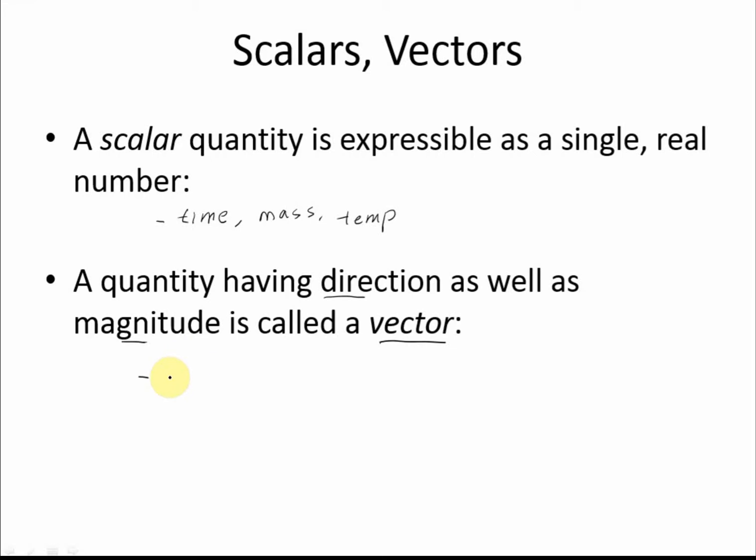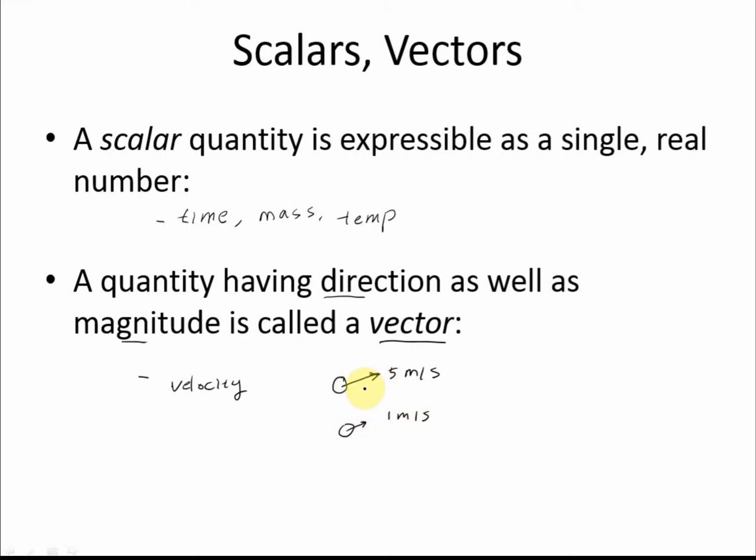And as opposed to scalar, what could be a vector? For example, let's say velocity. Velocity has a magnitude and direction. So let's say this rigid body goes this way at 5 millimeter per second, then if this body moved in the same direction at 1 millimeter per second, the magnitudes are different.